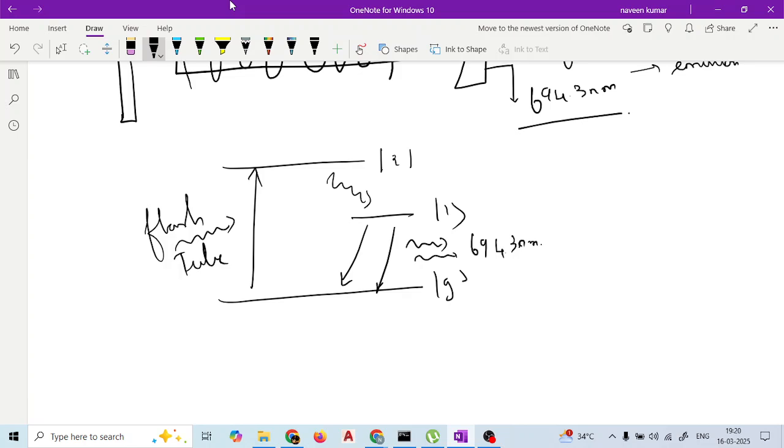The excited chromium ions then relax back to state 1, the lower electronic state, and due to fluorescence, due to spontaneous emission, a fluorescence gets emitted. We put this ruby rod inside the cavity defined by the two mirrors.